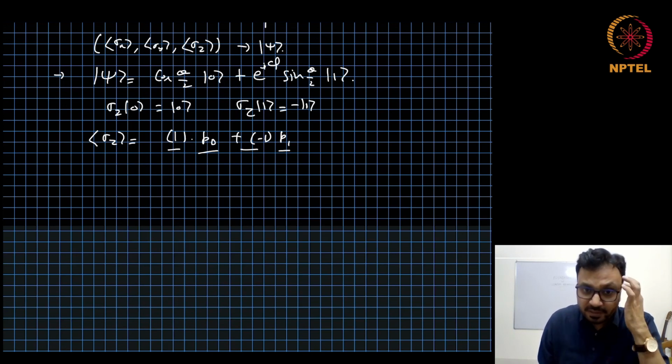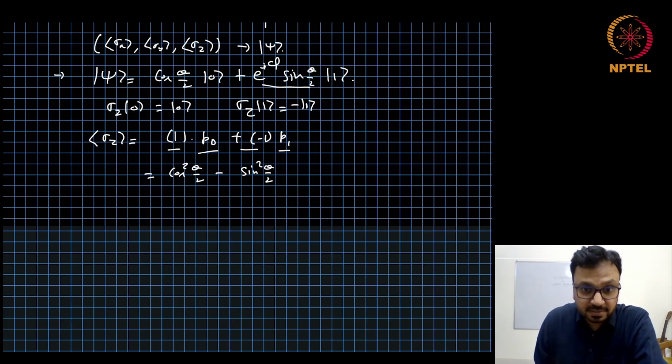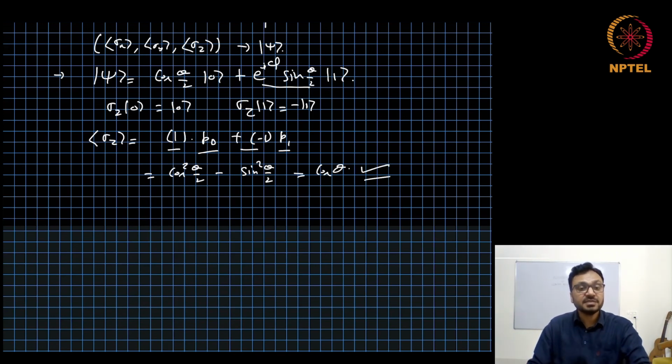So the probability of 0 is cos square theta over 2, and the probability of 1 is the mod square of this element, which will be sine square theta over 2, and the minus sign comes from the eigenvalue. This is cos theta. This is what we saw earlier, that the expectation value of sigma z is cos theta.